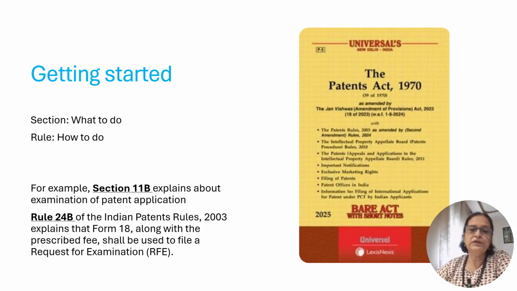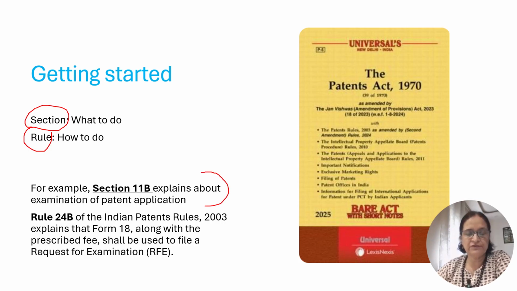Getting started with the Patents Act 1970. This act has sections. Sections primarily tell you what to do, okay? And then rules support the sections. So rules explain how to do. For example, Section 11B explains about the examination of patent application. So the section says that examination has to happen.